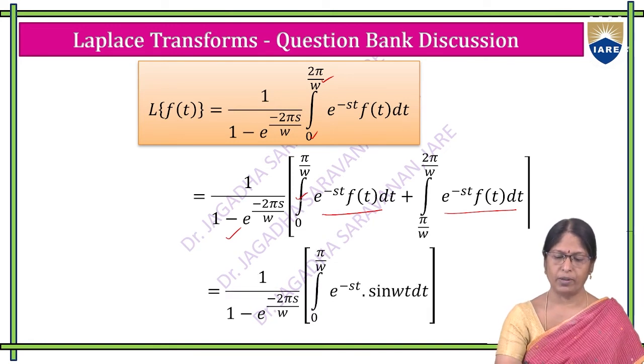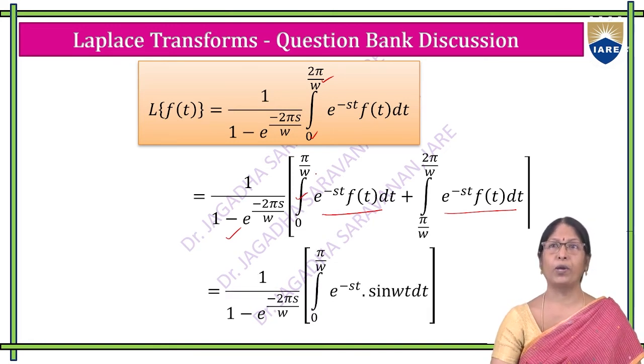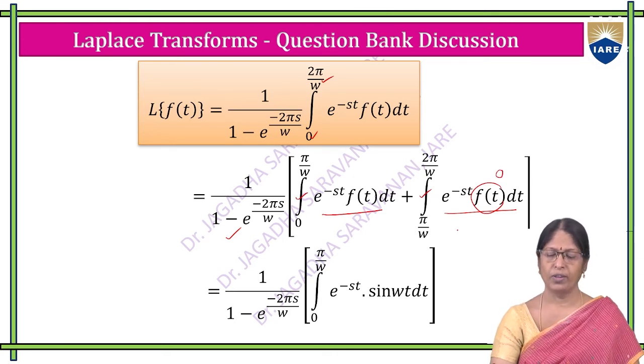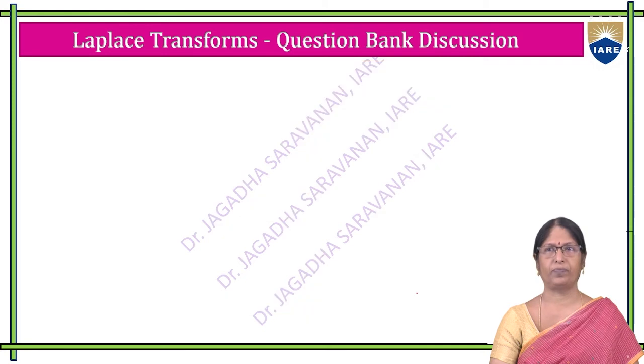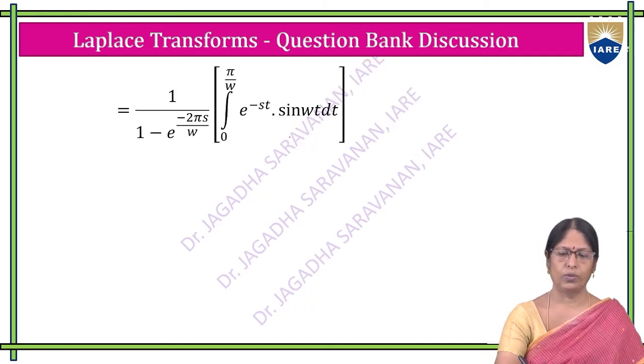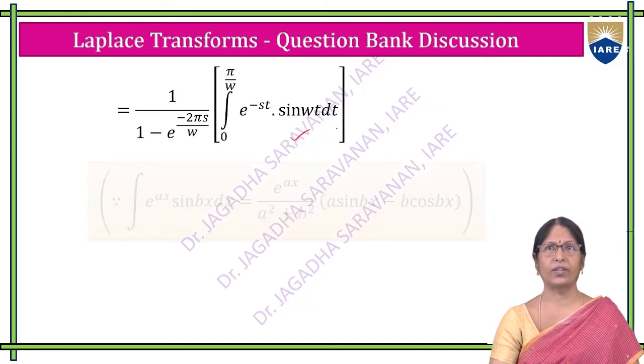The first part, where t lies from 0 to pi by omega, is the only one that exists, because between the other limits the function given in our question is 0. So the second integral vanishes. Only the first integral exists.